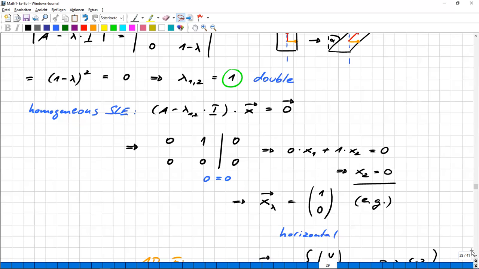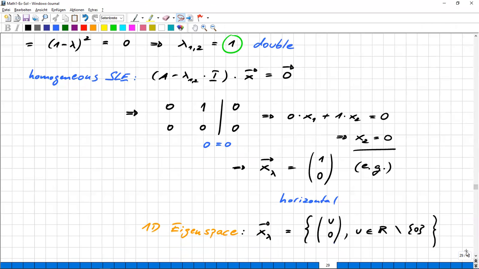But also, and this is important to know, any other vector which points in the same direction. In this case, it's a 1D eigenspace. We can also say it's an eigenline, yeah? And so, exactly speaking, this is the set of all vectors which fulfill this equation, and which are eigenvectors for our eigenvalue 1.